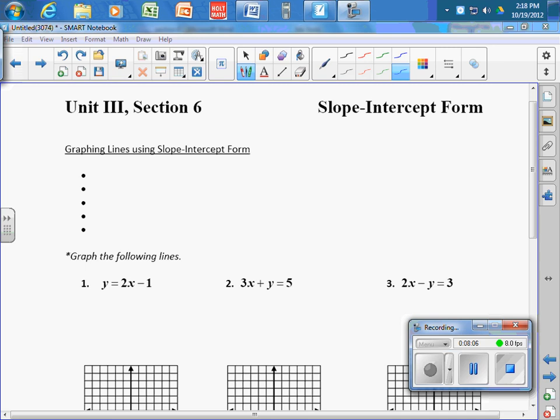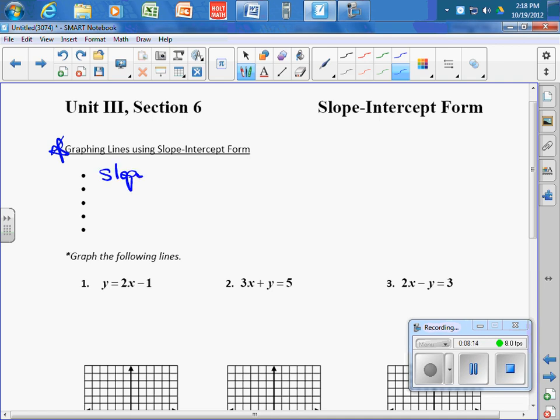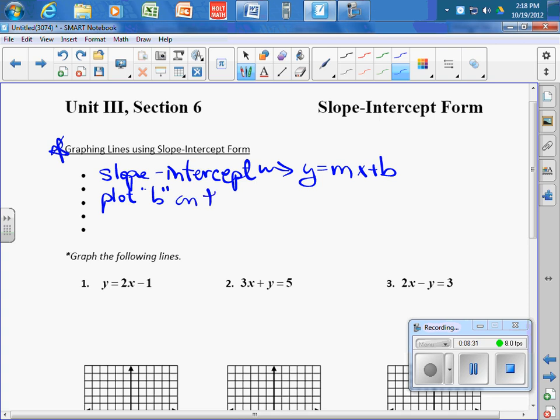So how do you graph lines using slope-intercept form? 4 simple steps. Make sure the equation is in slope-intercept form, meaning make sure you have y equals mx plus b. Second thing you'll do is plot b on the y-axis.